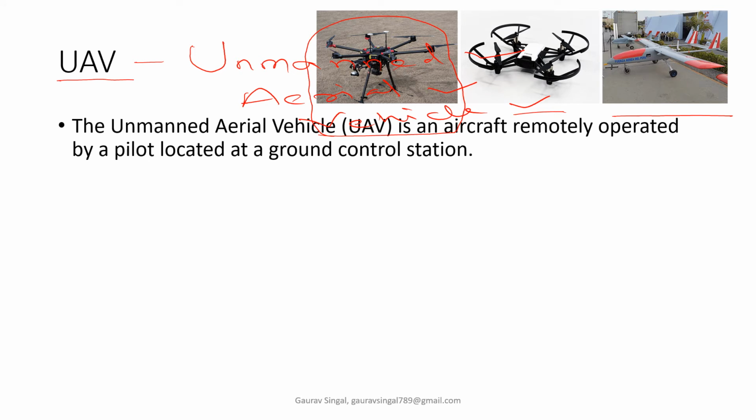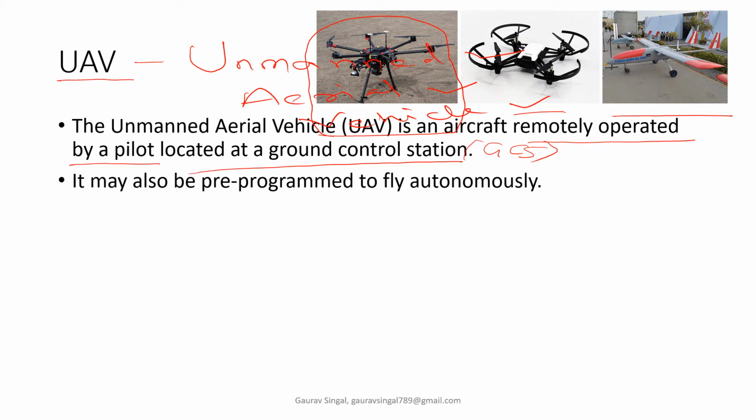So basically the unmanned aerial vehicle is an aircraft remotely operated by a pilot at a ground control station. It's called GCS. If any ground control station is controlling it, then we can say it is a remotely piloted aircraft or UAV.